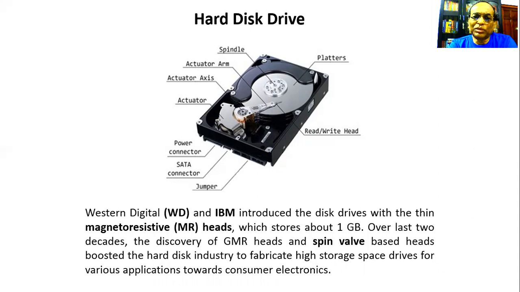Then the actuator for changing the position of the read write head is the actuator arm, actuator axis, and the spindle over which the hard disk is mounted, and that is the platter.